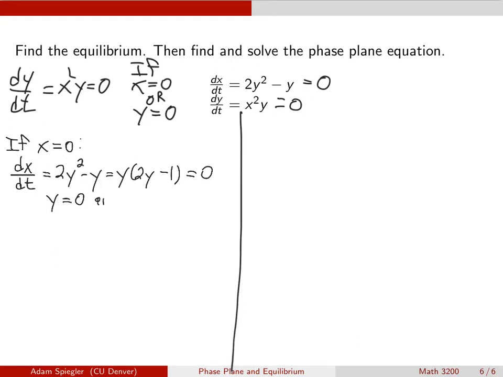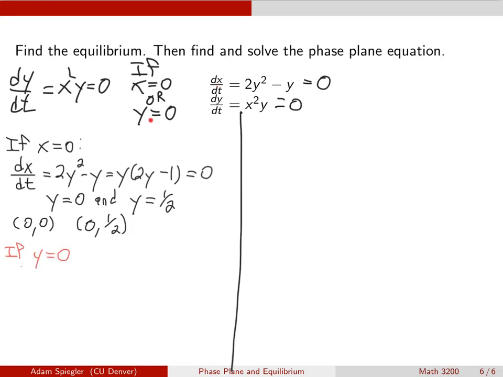So if y is equal to 0, we have a solution, and if y is equal to 1/2, we also would have a solution. So if x is equal to 0, one solution would be y is equal to 0, and we have a second equilibrium if x is 0 when y is equal to 1/2. So these 2 points would simultaneously make both of these equations 0.